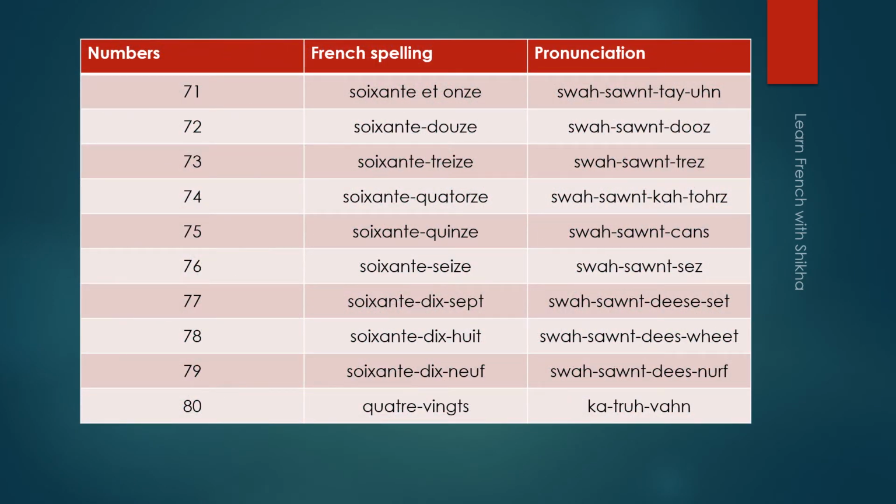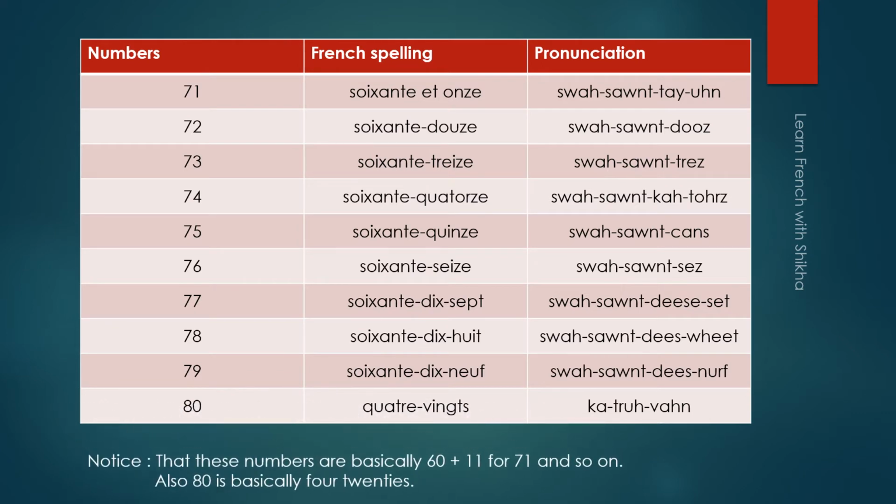Now let's do numbers from 71 till 80. Now the most important thing to notice here is we are not going to add 1, 2, 3, 4 and so on after the number 70, wherein we are going to do 60 plus 11, 60 plus 12, 60 plus 13 to get numbers like 71, 72, 73.